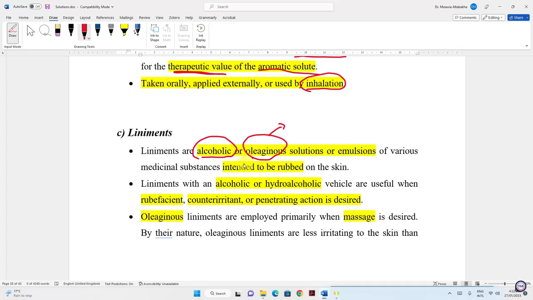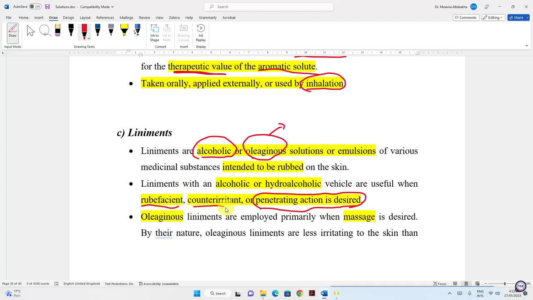When it's alcoholic, it will be used as a rubefacient, counter-irritant, or for the drug that is dissolved in alcohol to have a penetrating action. Rubefacient means it causes irritation in that area and more blood supply, so you don't feel a lot of pain.